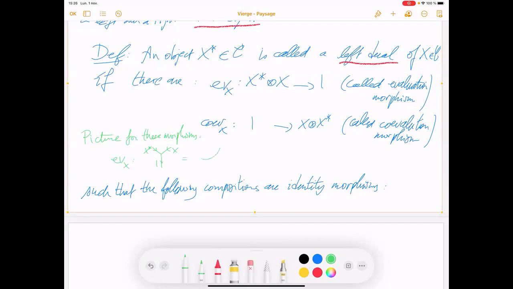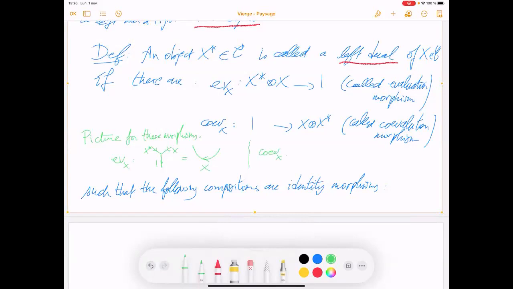So you draw a picture like that. You go from X, and you go here, X star on the other side. So it's like you have only one X, and the one is deleted. So this is the evaluation map, and the co-evaluation map is denoted pictorially in the same way.